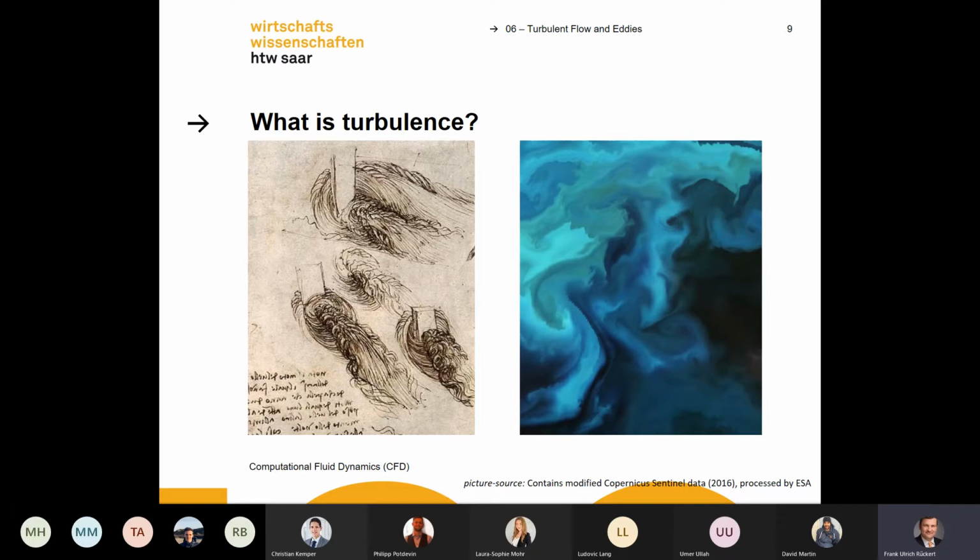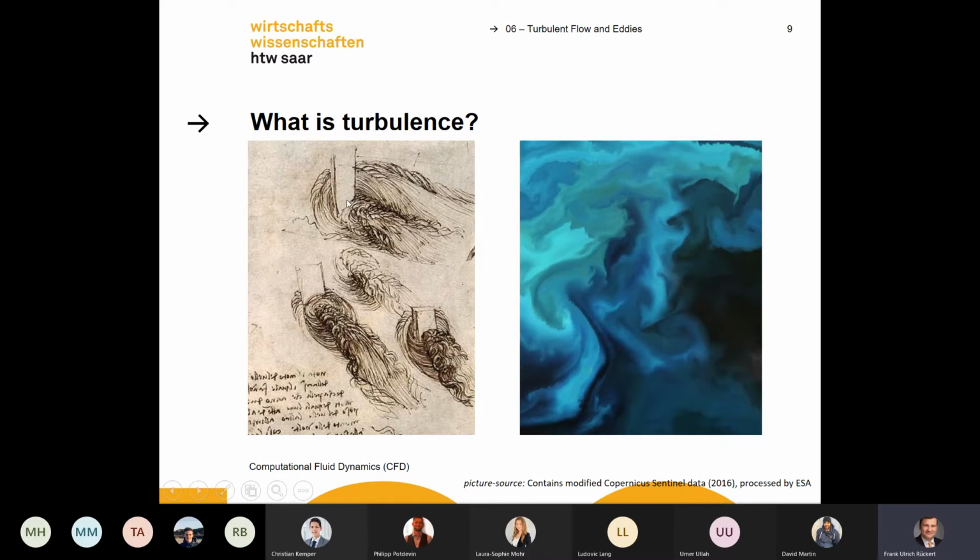Yeah, and he was also really interested in building ships and building bridges. And if you look closely at the water flow around a ship, you see it behaves turbulently. And he tried to paint it. He didn't do this only for fun.